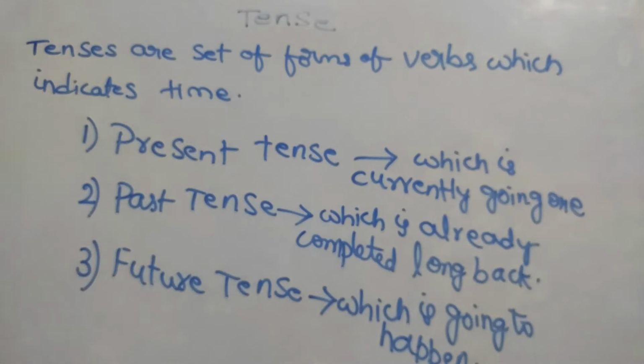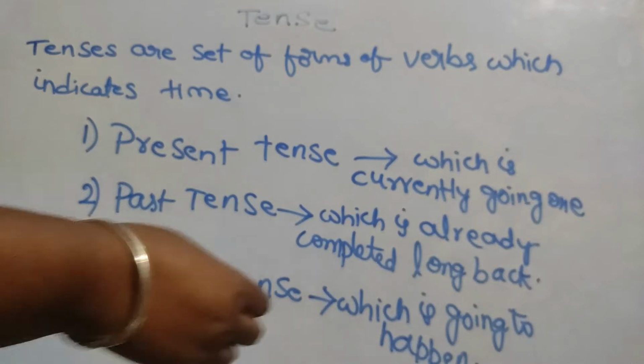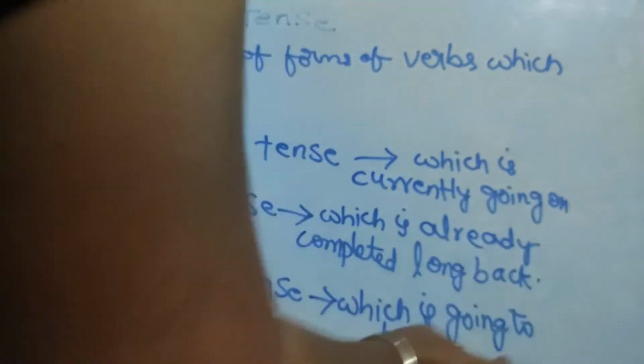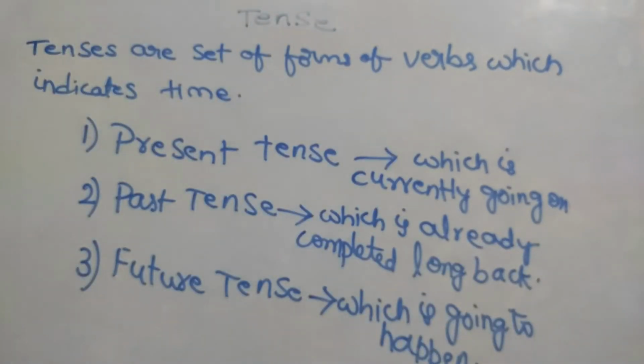So, tenses are a set of forms of verbs which indicate time. There are three parts: present tense, which is currently going on, past tense, which is already completed long back, and future tense, which is going to happen.